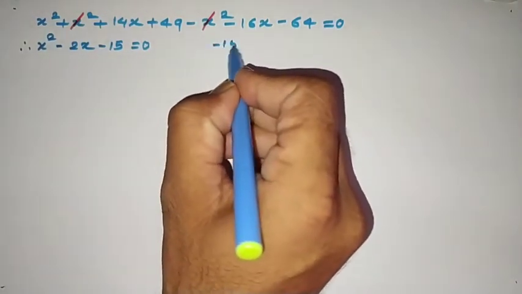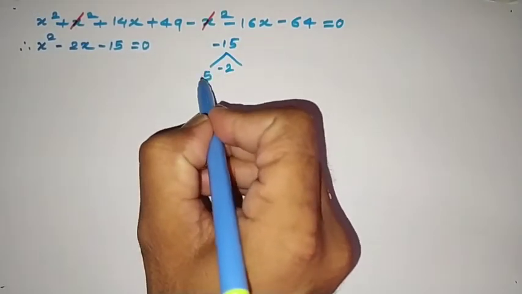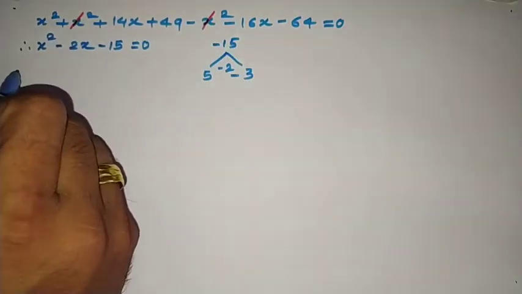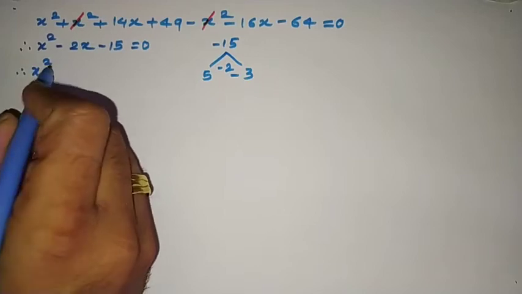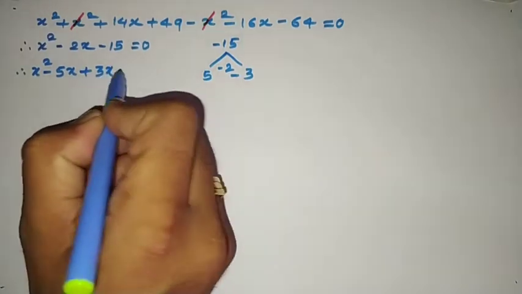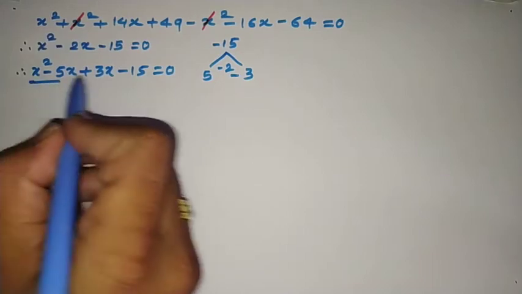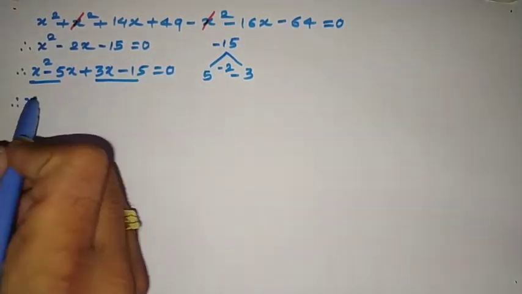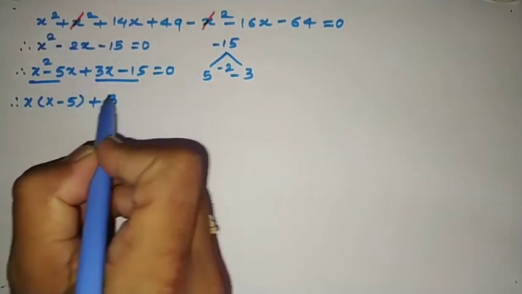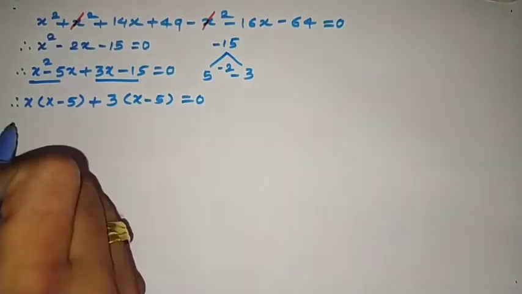The product is minus 15, the sum is minus 2. 5 and 3 are the two factors of minus 15. Write down x square minus 5x plus 3x minus 15 is equal to 0. Take the common factor of the two terms. x is common, x into (x minus 5) plus 3, here 3 is the common factor, remaining part x minus 5, is equal to 0.